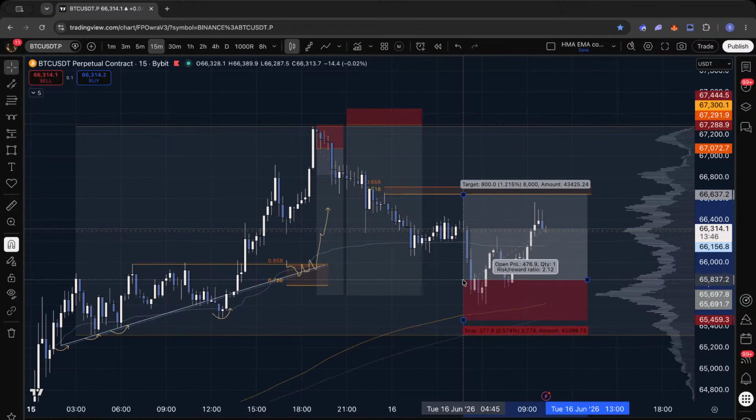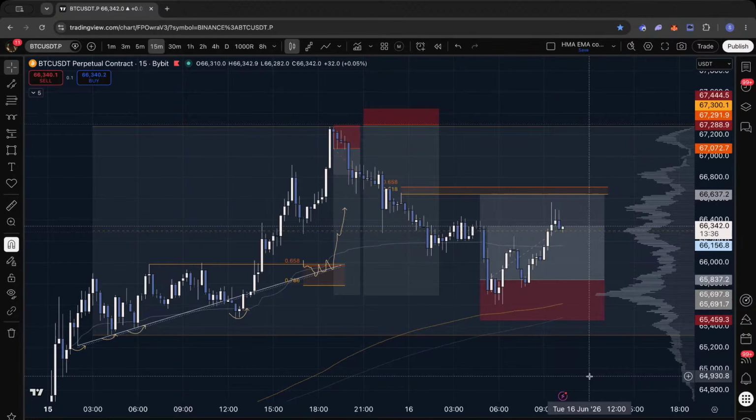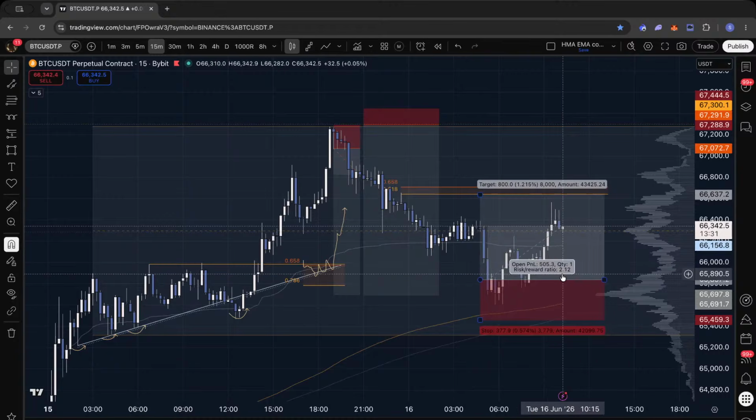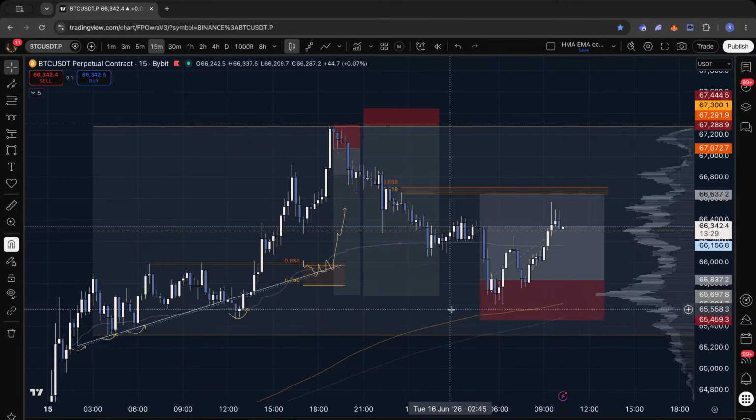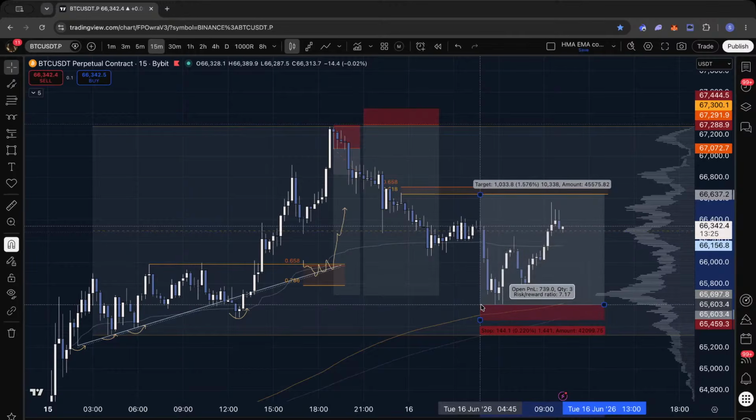This morning I hit the long, which I explained yesterday, which was the ideal long, let's say so, which I would have liked to get filled yesterday, but it's not a problem because we got filled today. I did mention about the 65.6 level that it has to hold. It held perfectly.